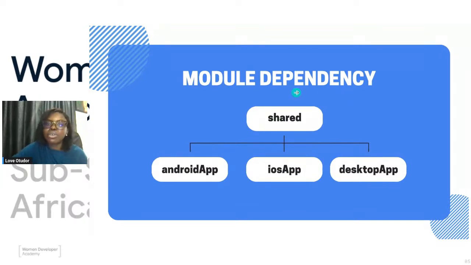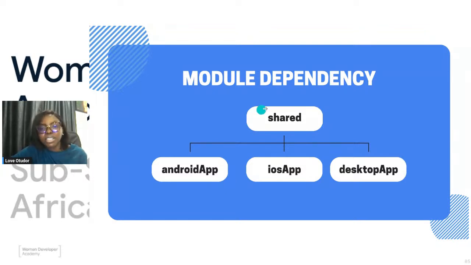We can see here from the module dependency that the Android application, the iOS app module, and the desktop app module all depend on the shared module, because the shared module is where you basically have your shared UI code, and if you're using Kotlin multi-platform, you also have your shared logic there too.